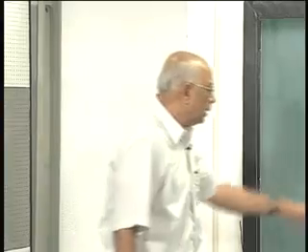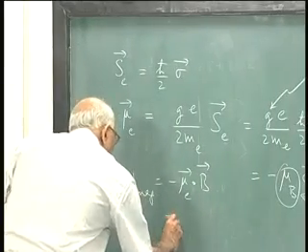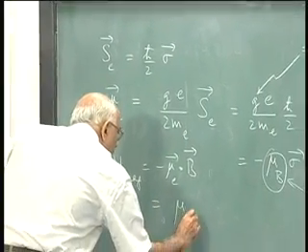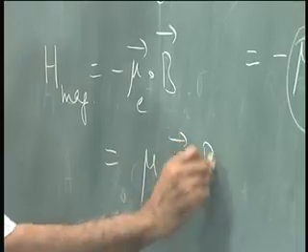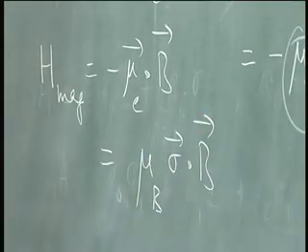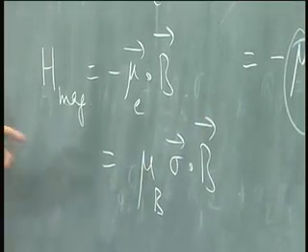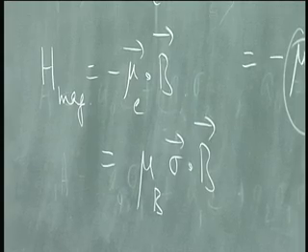If I put this in, this is equal to the Bohr magneton times sigma dot B. The minus sign goes away, and this is your magnetic Hamiltonian. What would be the eigenvalues of this Hamiltonian?